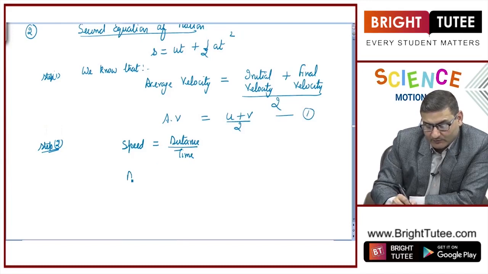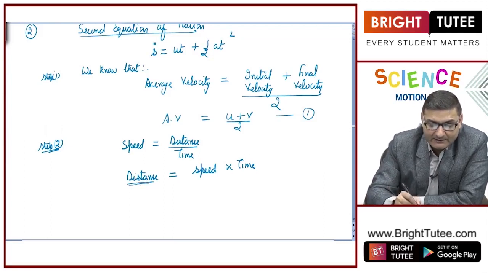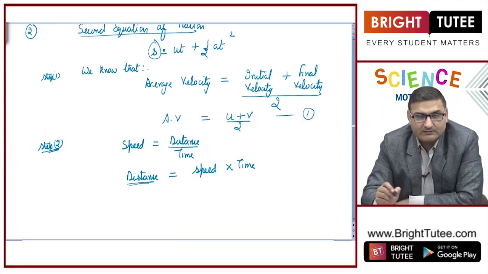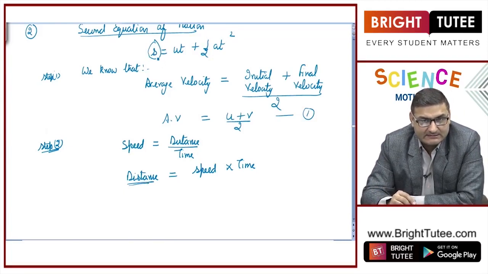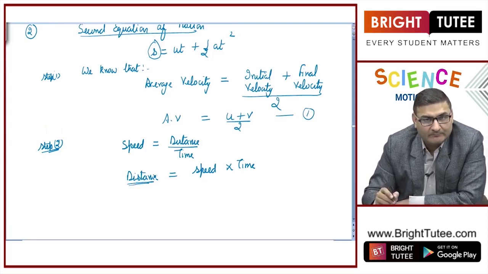So from this formula, by cross multiplying, I will get distance will be equal to speed multiplied by time. Why I have taken this formula? Because in the second equation of motion, this is what exactly we need to correlate. S represents distance, right. So we need to know what distance is equal to.